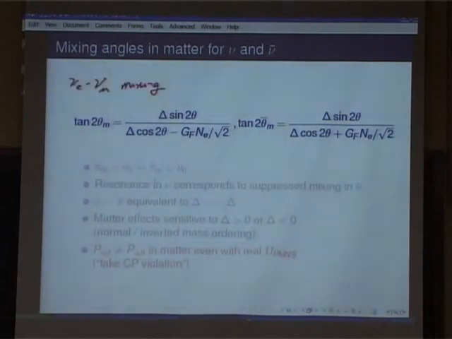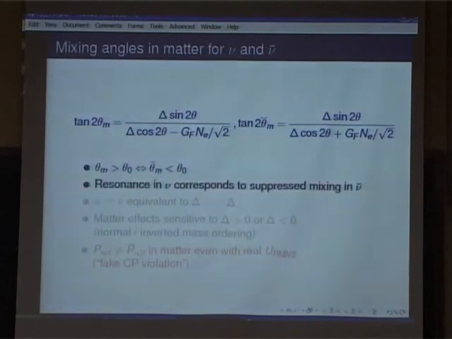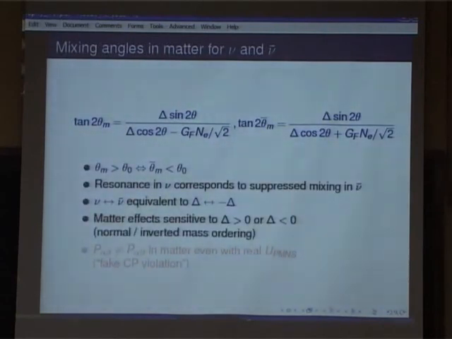So, in one sense, if you want to go from nu to nu bar, it is almost like changing delta to minus delta. So going from nu to nu bar is like going from delta m square to minus delta m square.